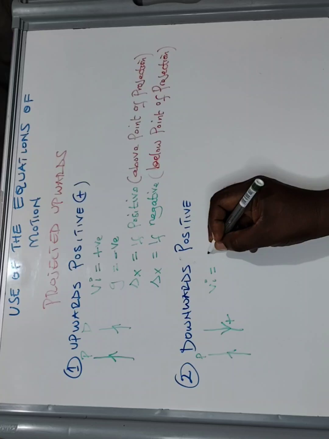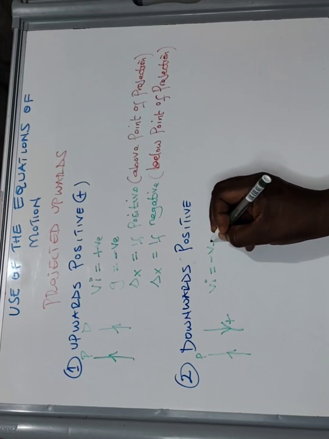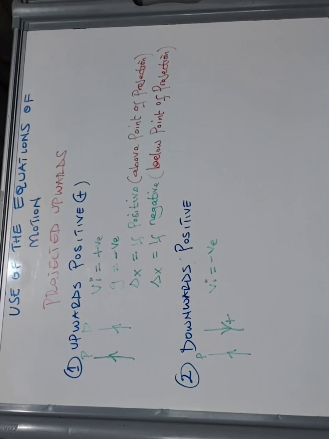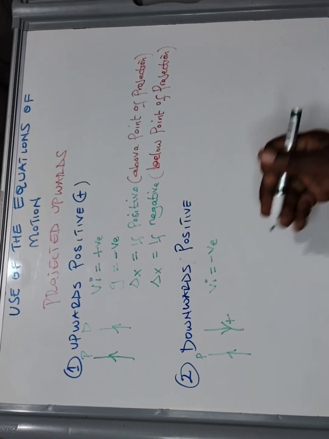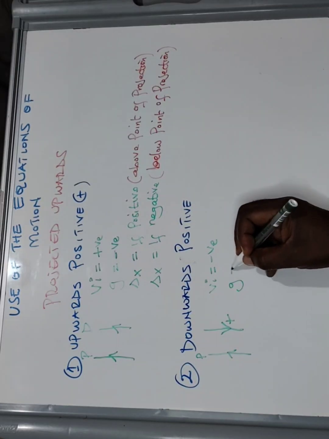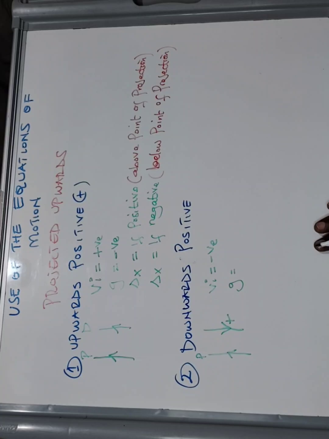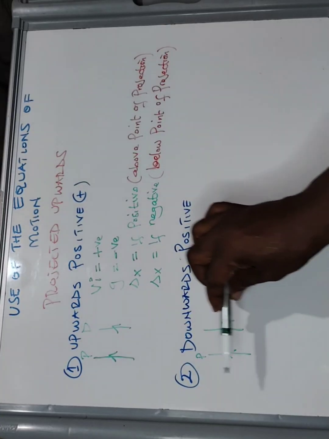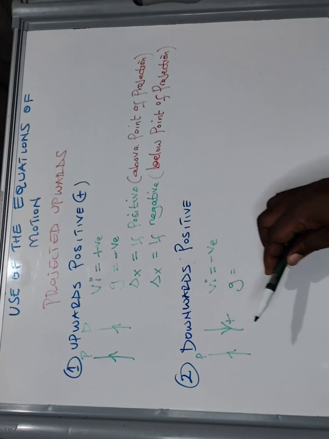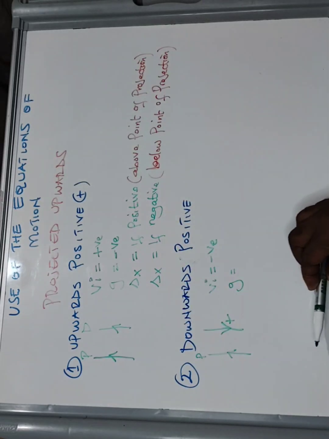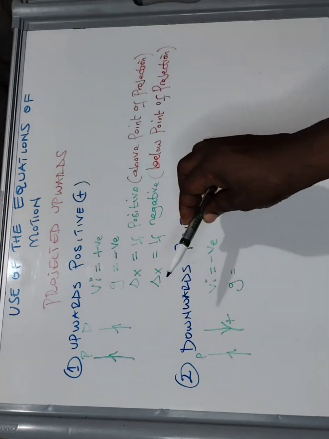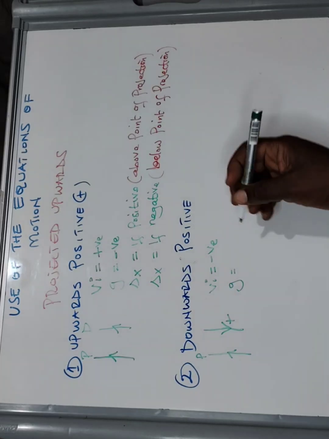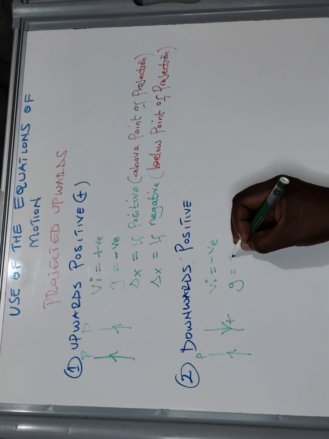Negative. So our VI is going to be negative. From there, let us go to our G. Our G, what is it? The body is projected upwards, and we have taken downward as positive, and the G is going downwards. So it means that our G is going to be positive.